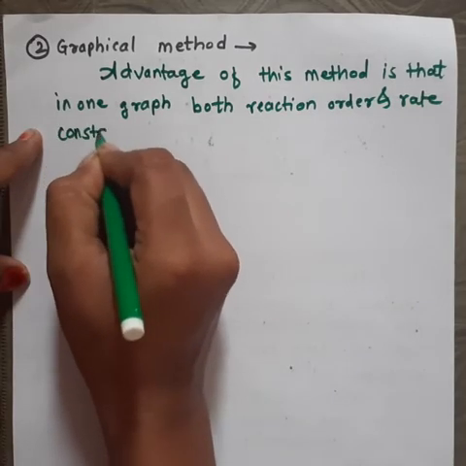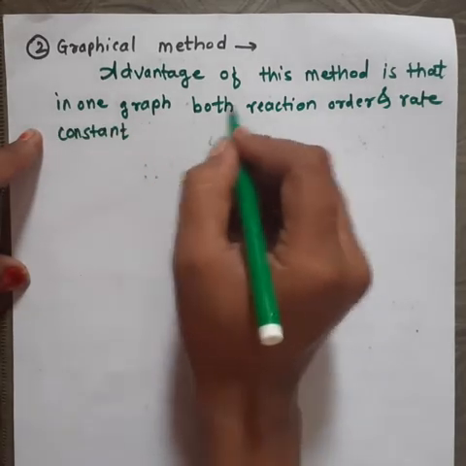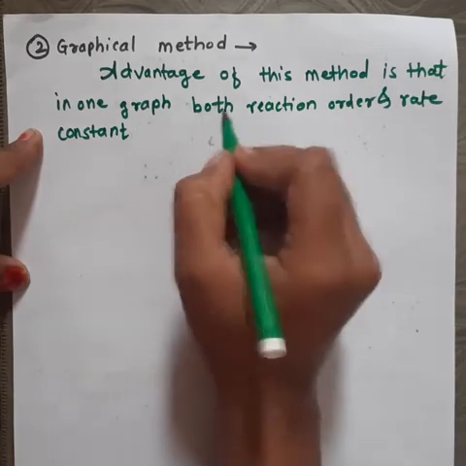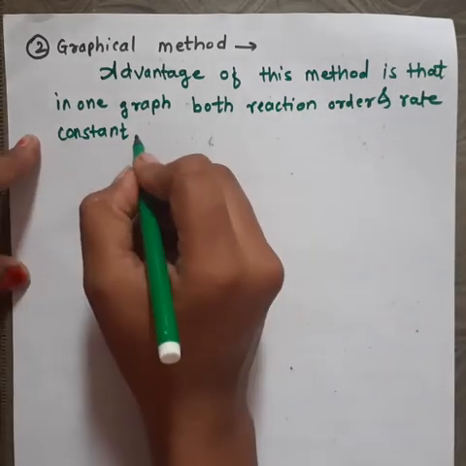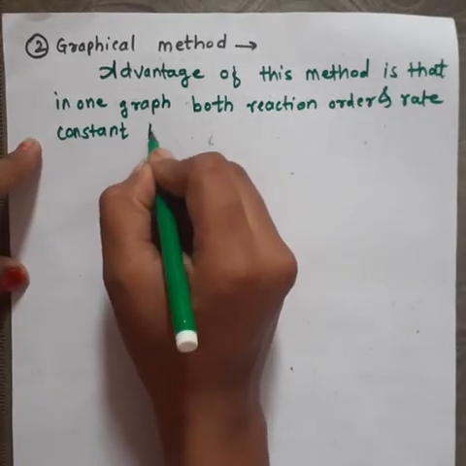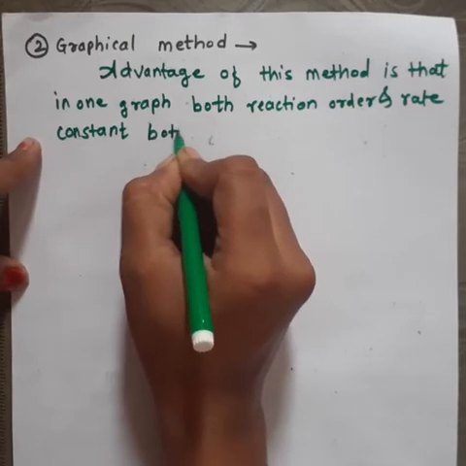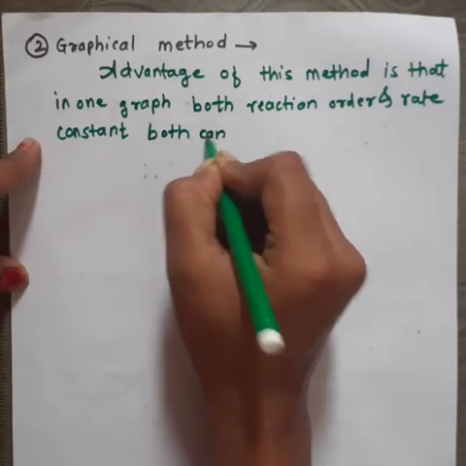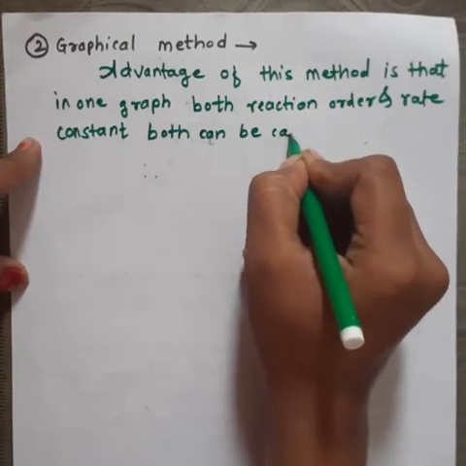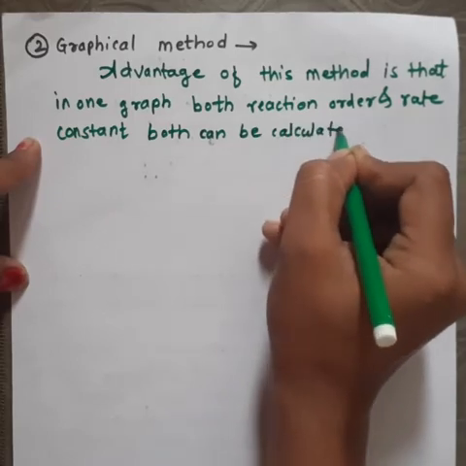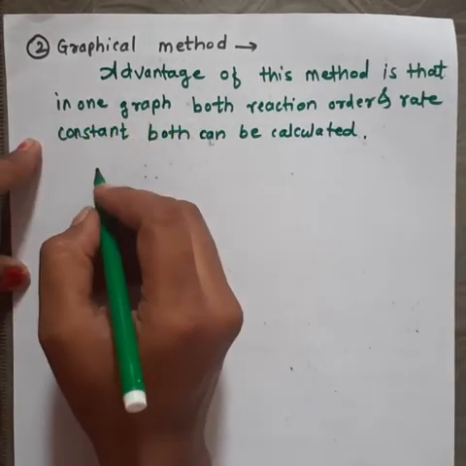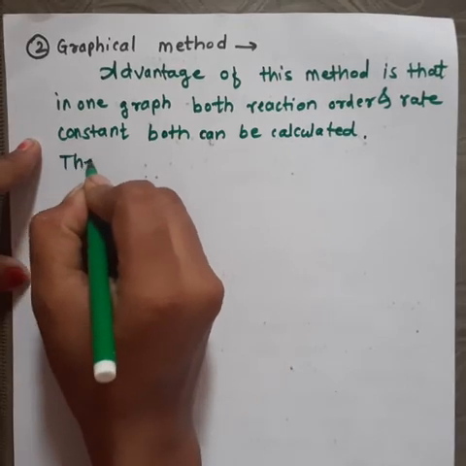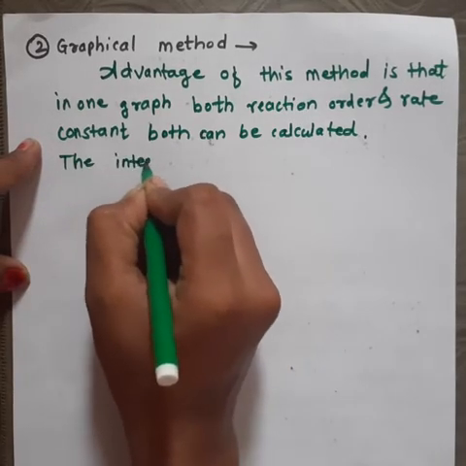Means by plotting the graph we can calculate the reaction order and rate constant, both can be calculated.